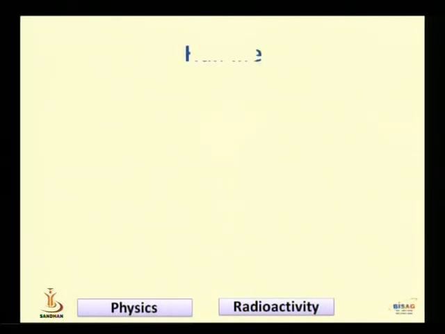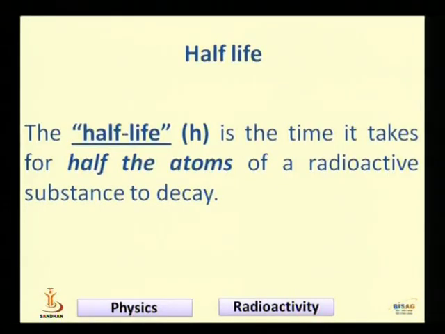Now, after completing this, we want to discuss half-life. Friends, what is the meaning of half-life? Half-life is the time it takes for half the atoms of a radioactive substance to decay. It means the time by which half of the radioactive substance will form another atom or molecule.